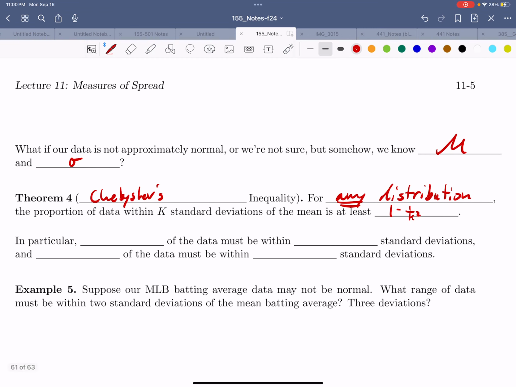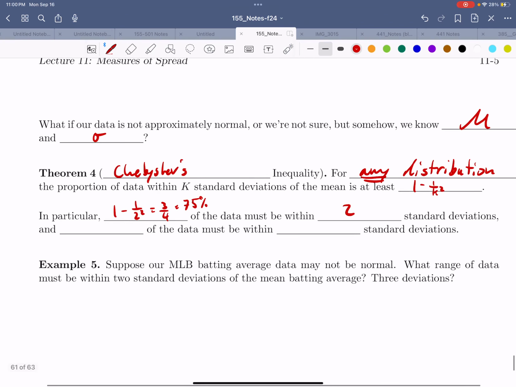So in particular, 1 minus 1 over 2 squared, which is 3/4, at least 3/4 of the data must be within 2 standard deviations, or 75%, right? And 1 minus 1 over 3 squared, which is 8/9, which is approximately 89%. I'll just say about 89% of the data must be within 3 standard deviations.